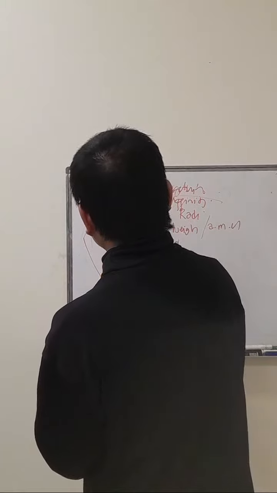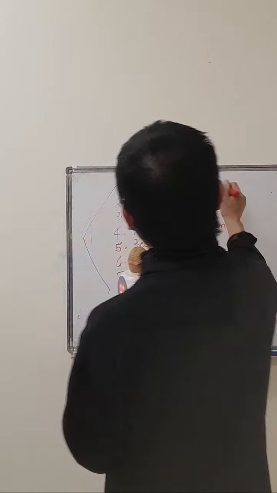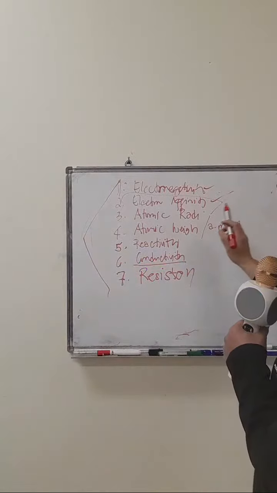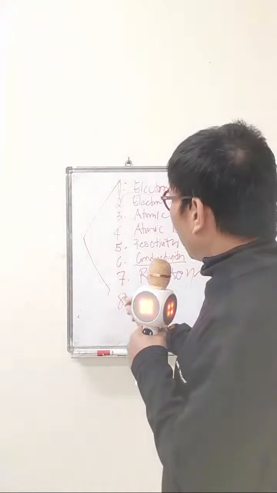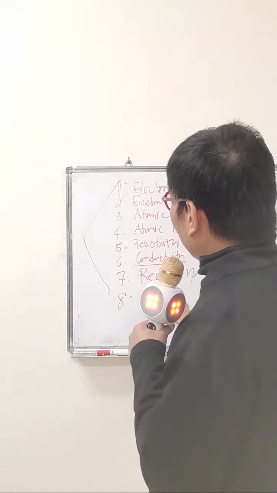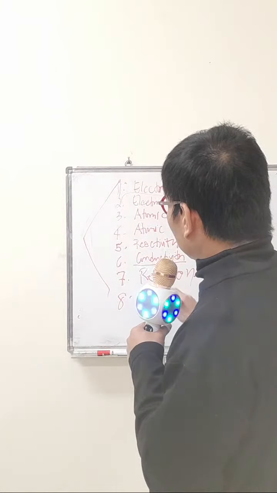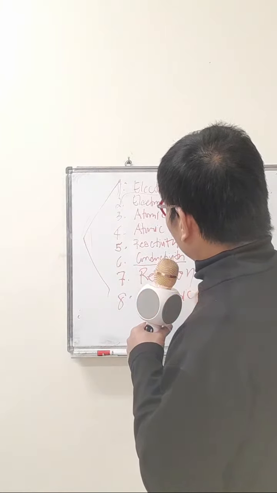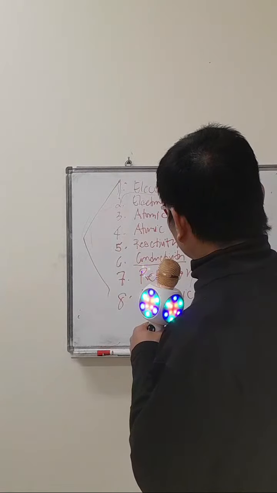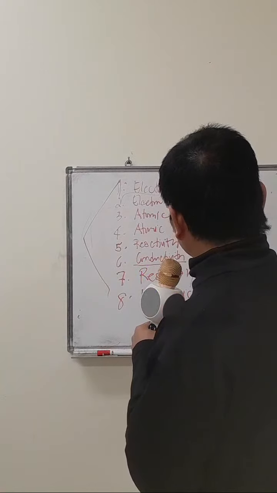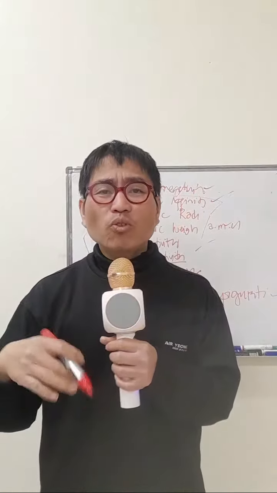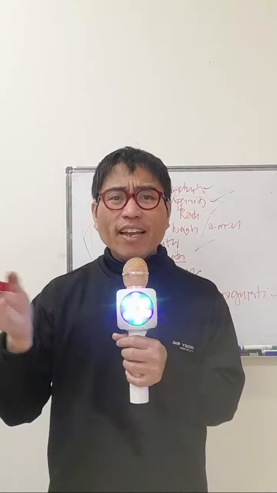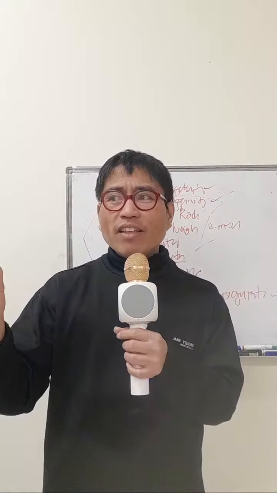So, from 1 to 7: electronegativity, electron affinity, atomic radius, atomic radii, conductivity, and resistance. And then we have to understand also the electronic configuration, like 2s2 2p6 d10.